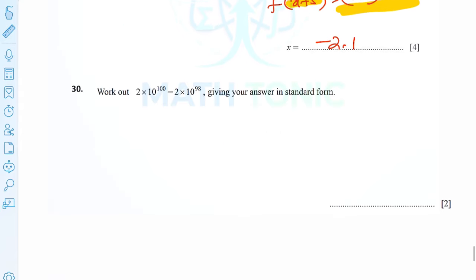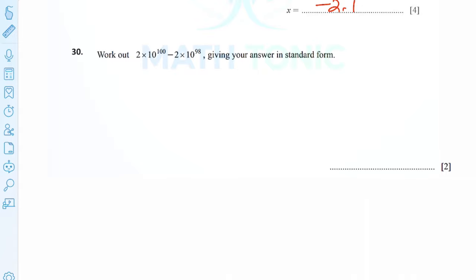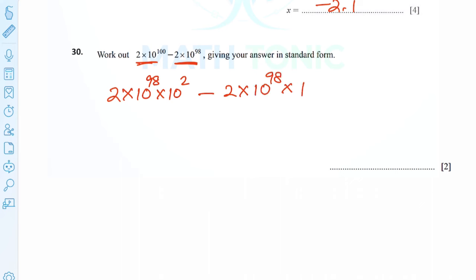Yes. Next question is work out the standard form. Standard form is easy. From these two terms, if I try to break it, 10 power 100, I can break it like this: 10 power 98 times 10 power 2 minus 2 times 10 power 98 times 1, right? So from these two terms, I can take the common 2.